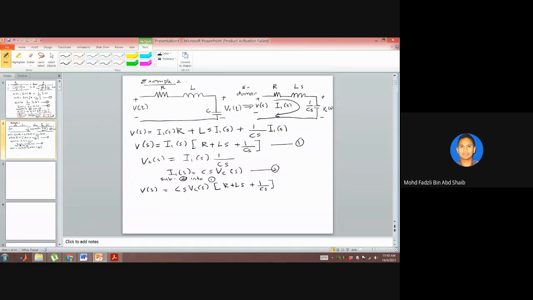So now, finally, VS over VCS or VCS over VS, which one is correct? The final answer VCS over VS. Very good, because it's output over input, right?